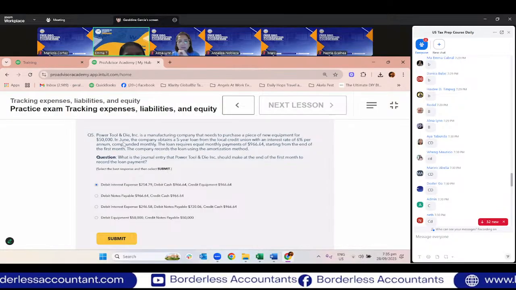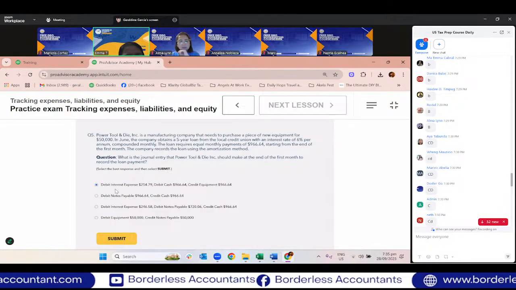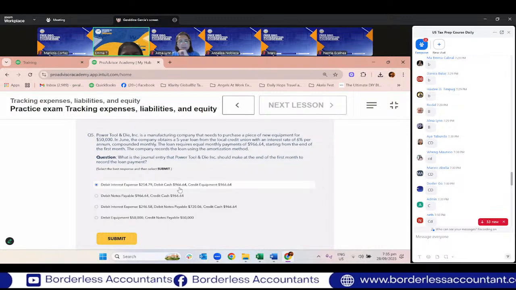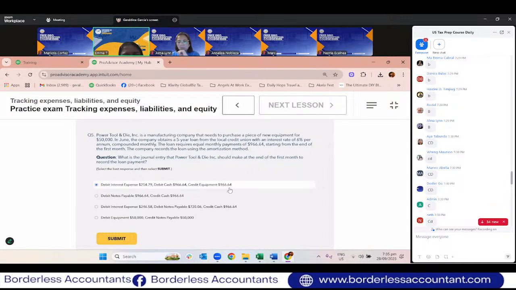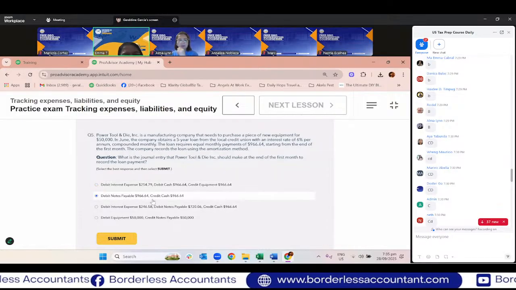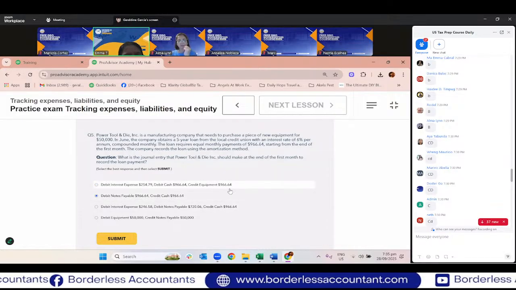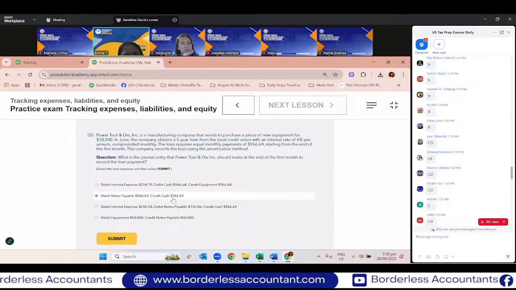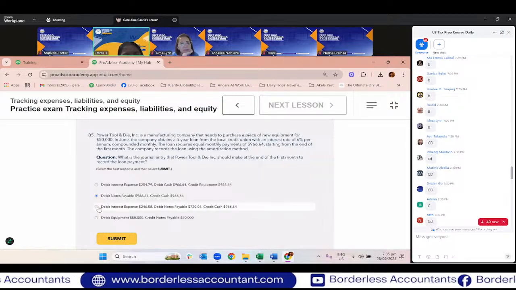So A, debit interest expense 250.79, debit cash of 966.64, credit equipment of 966.64. B, debit notes payable of 966.64, credit cash of 966.64.